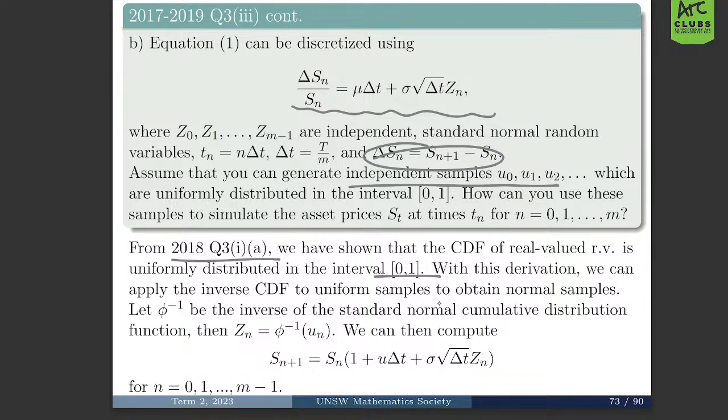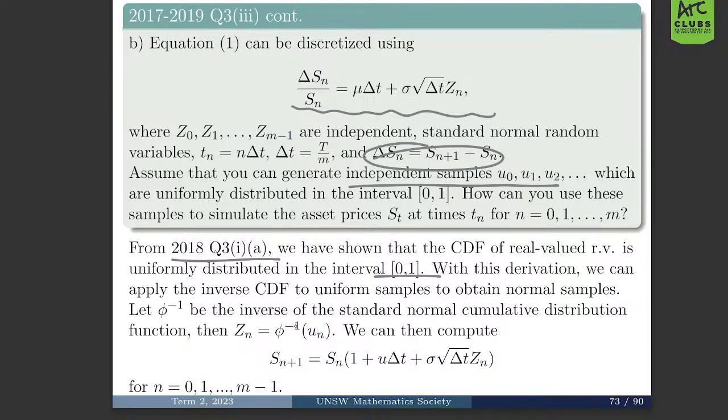So we know that with this derivation, we can apply the inverse of the CDF to the uniform samples to actually obtain normal samples. So essentially it's what we've got, but in reverse order. And of course, we have to assume that firstly, the inverse is available. To assume that the inverse is available, we have to assume that the function is increasing because that's a property of the CDF.